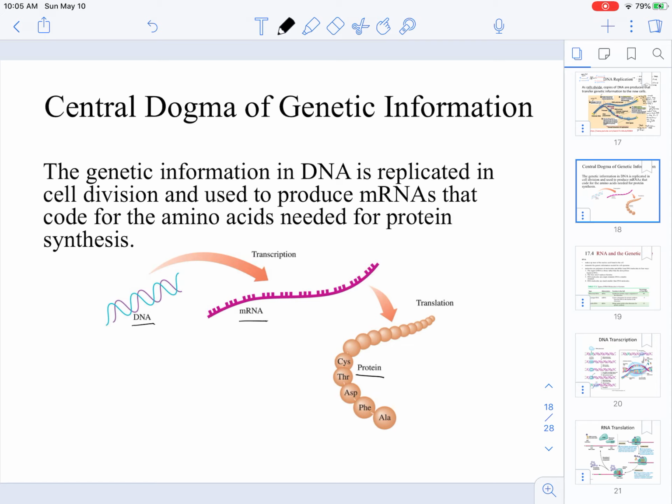Again, the conversion of DNA to RNA is known as transcription. And when RNA is converted to protein, that is done through the process of translation. We are going to be exploring now the steps for each one of these processes.